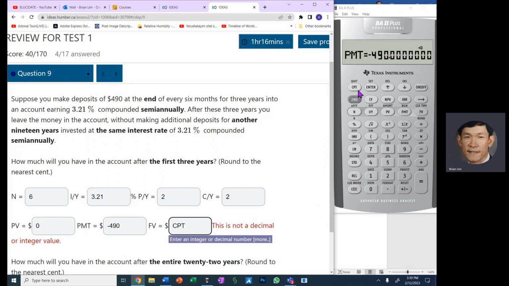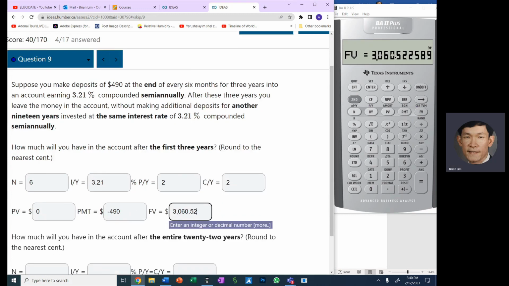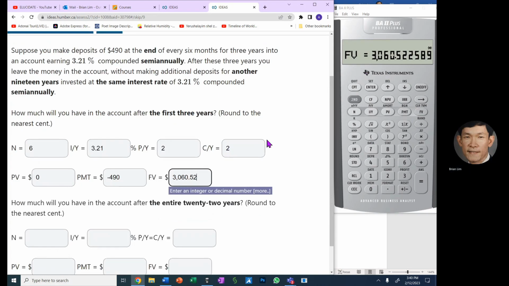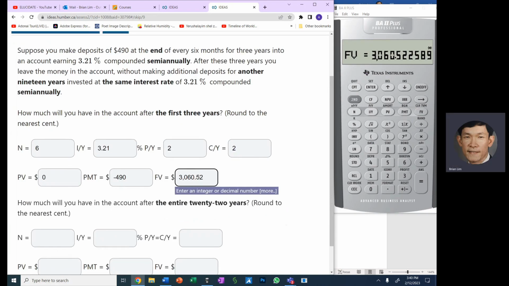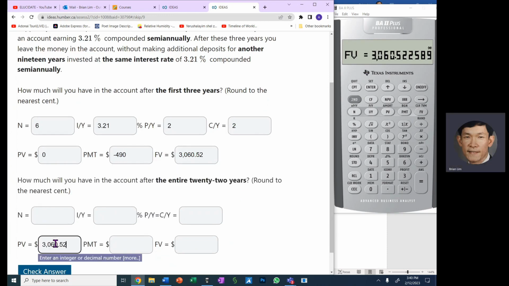So we go in, compute future value, and we get this answer of 3,060.52. We round to 2 decimal places. All right, so that future value will now become the present value down here for the next part of the calculation.